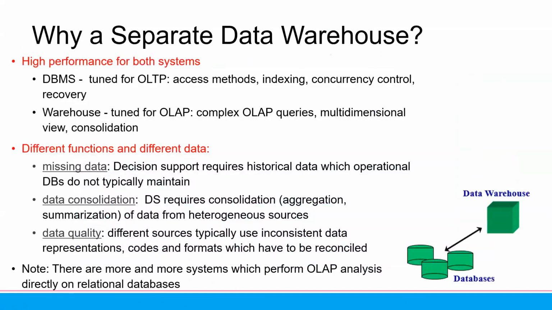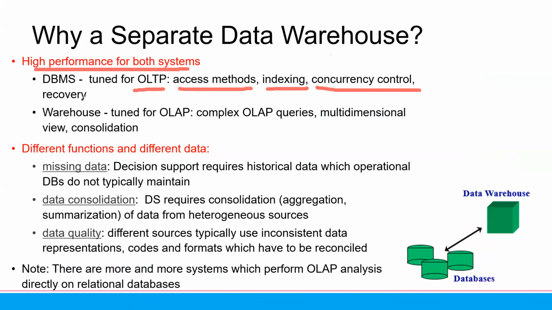So why do we need a separate data warehouse? Because we have different performance. The OLTP requires high performance to access. It requires high performance to do the indexing. It requires high performance to do the concurrency control.